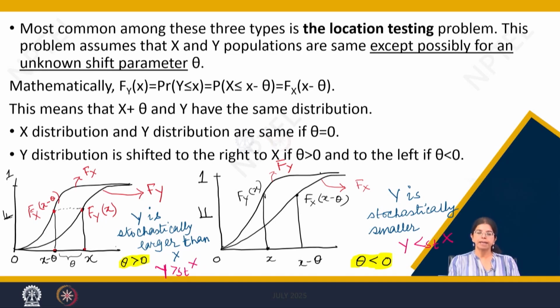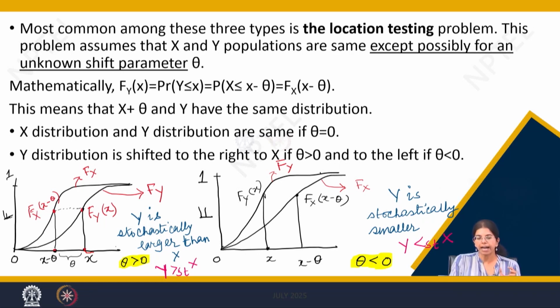The point will be clearer if you look at the picture below. You will see this is Fy(x) and this is Fx. Now fix one point x, and if you go backward by theta units from this small x, then the point x minus theta will be reached. And what is the height at x minus theta? That is capital Fx at x minus theta.